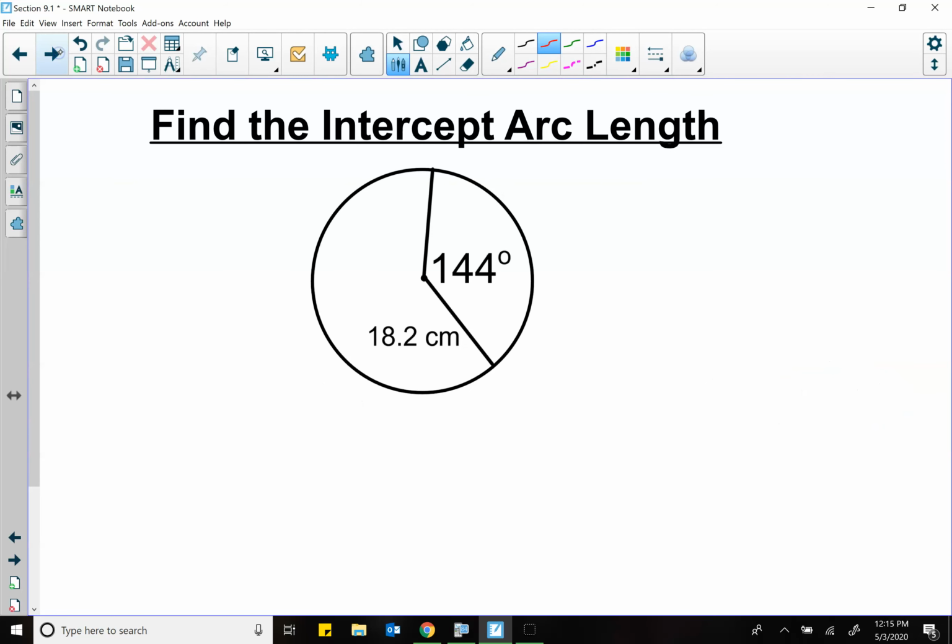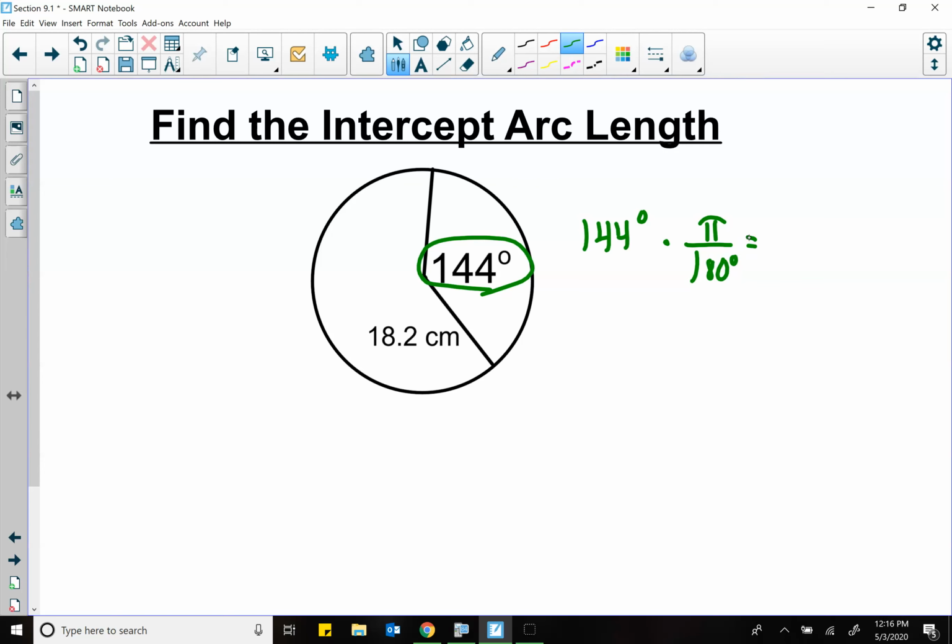So what you'll see in your assignment, they'll give you a circle like this, and it says, find the arc length. All you got to do is plug and chug. Now again, notice that this angle is in degrees, so you need to convert that to radians. In order to convert that to radians, we're going to multiply by pi over 180 degrees.